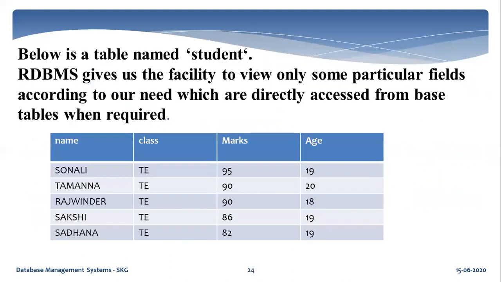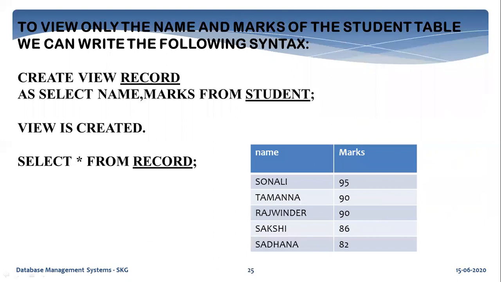Now here we can see a table having name, class, marks and age. Suppose I don't want all the attributes, I want only two, name and marks. Then I can have a virtual table by creating this, and I'll get only two columns. Now suppose I update something over here in this view, then those values will be updated in the base table.